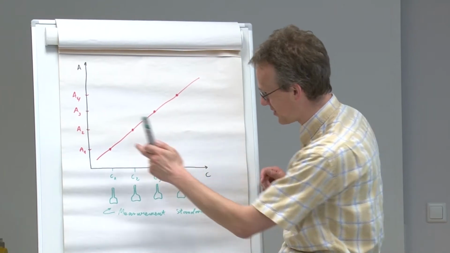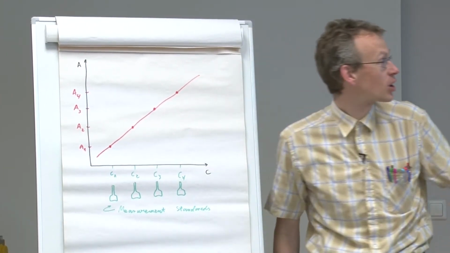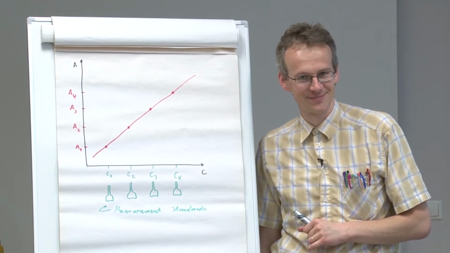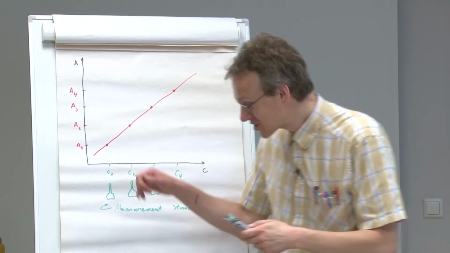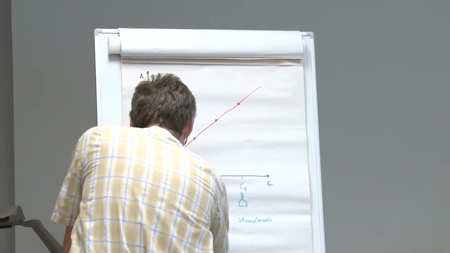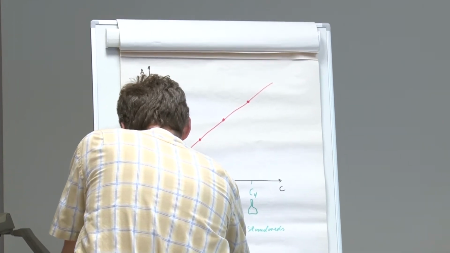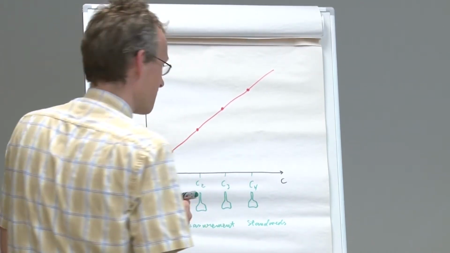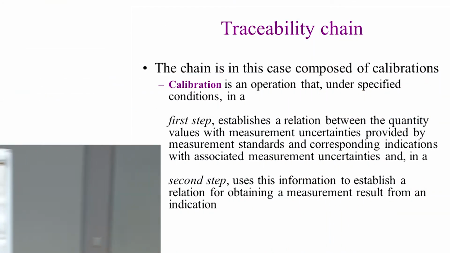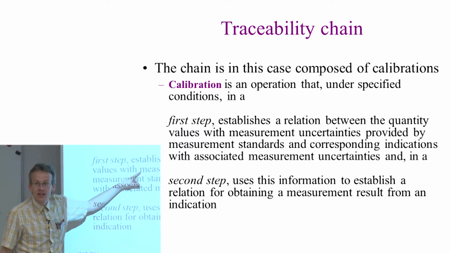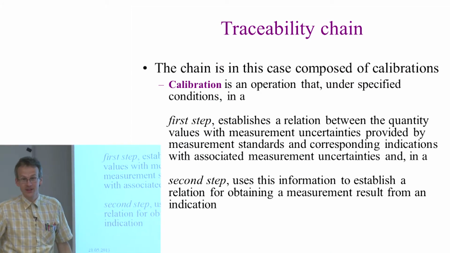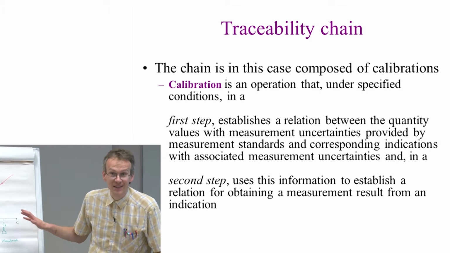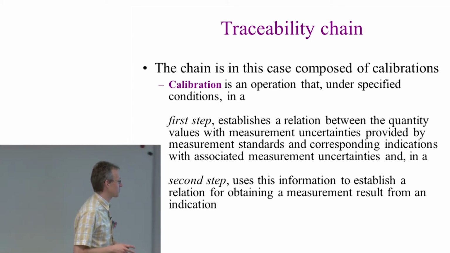So I've indicated here different kinds of values. Which ones are the quantity values according to this definition? Exactly, the concentrations. All right, quantity values. I did not write uncertainties at the moment, but well, we all know that they have to have some uncertainties, but simply not to make it too crowded, let us leave uncertainties aside for a moment.